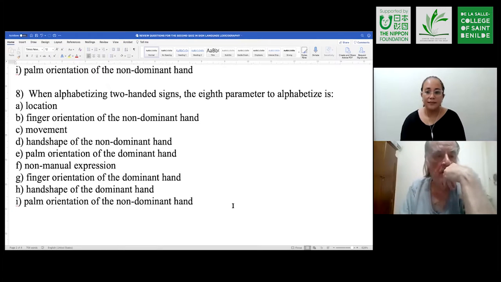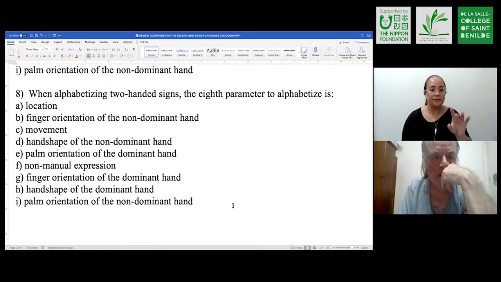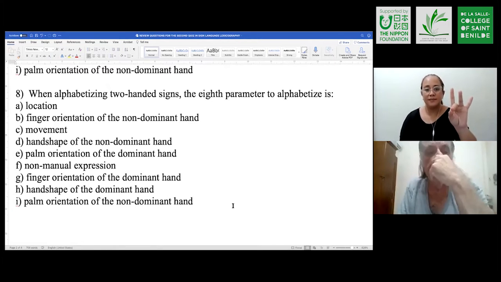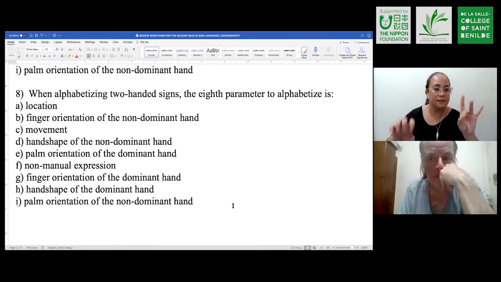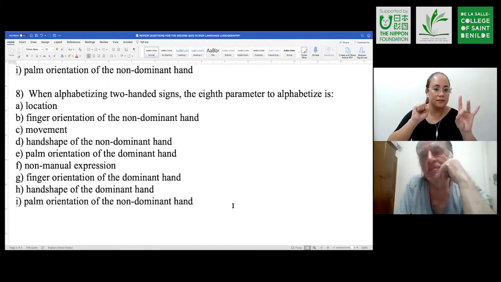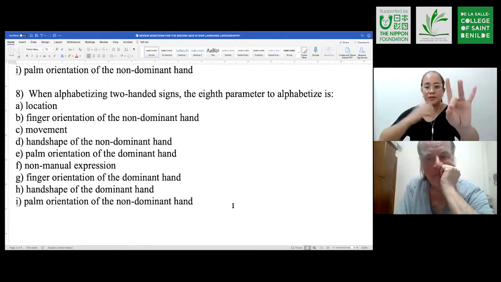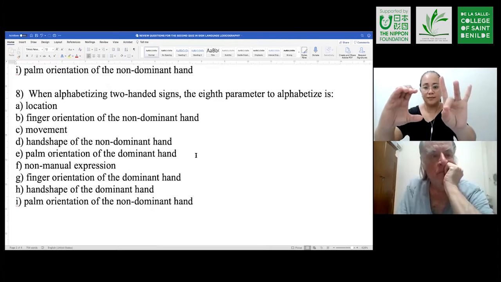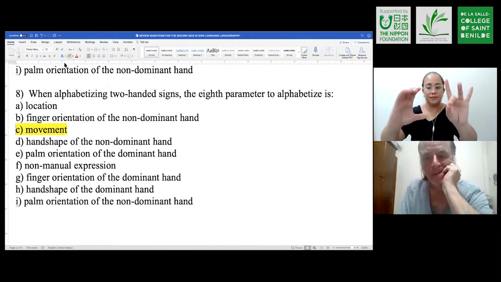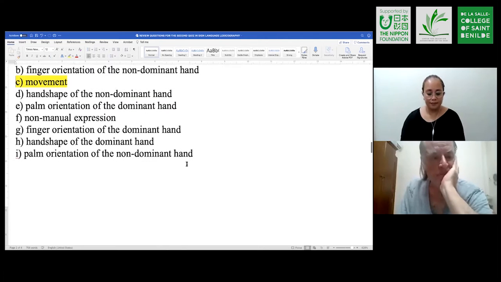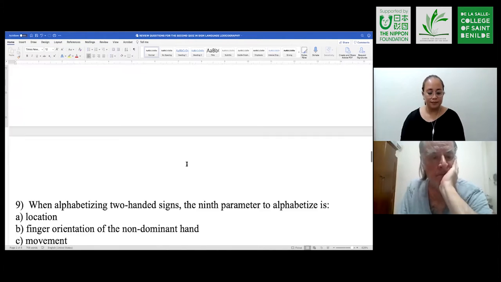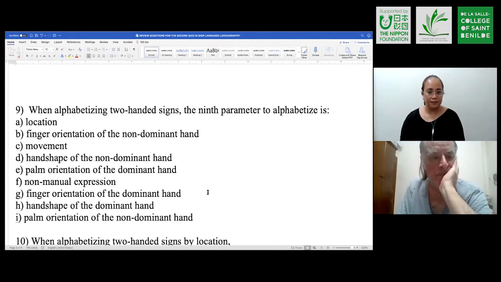Yami signs C. Movement. C, yes. Movement, yes. Meng also says C. Eve says F. F is also correct.